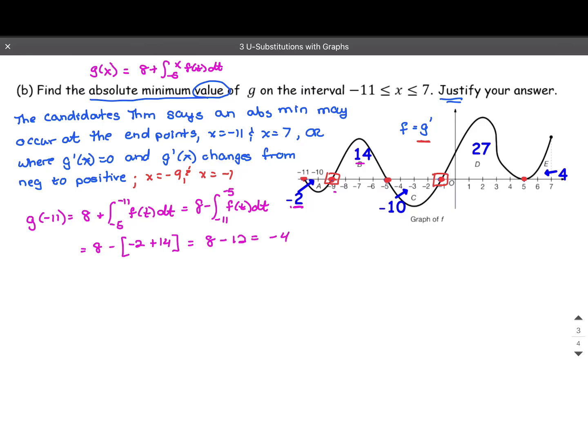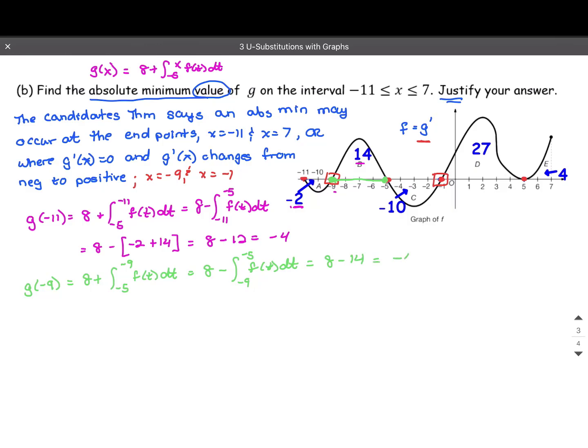All right, now we're going to find g of -9. That's 8 plus the integral from -5 to -9 of f of t dt. Again, we have to reverse the limits and negate it. So from -9 to -5 of f of t dt. So this is 8 minus from -5 to 5. That area is 14.